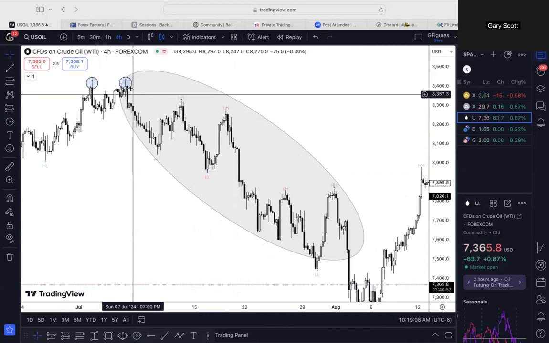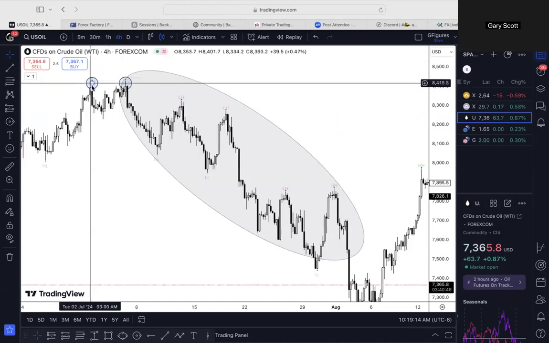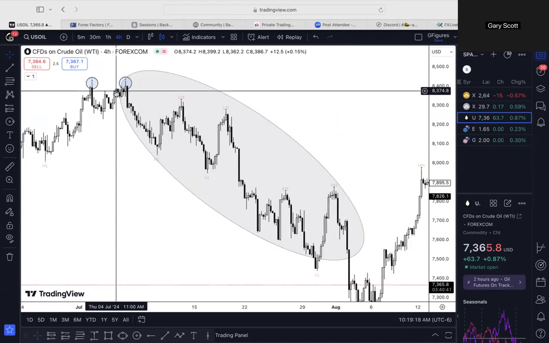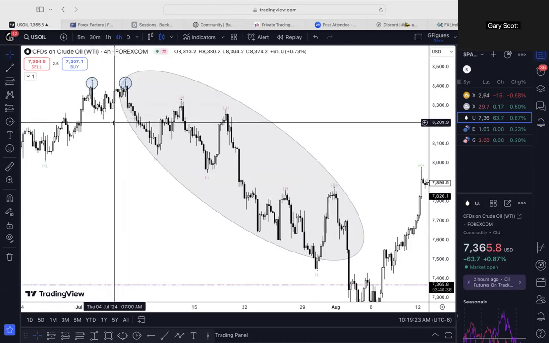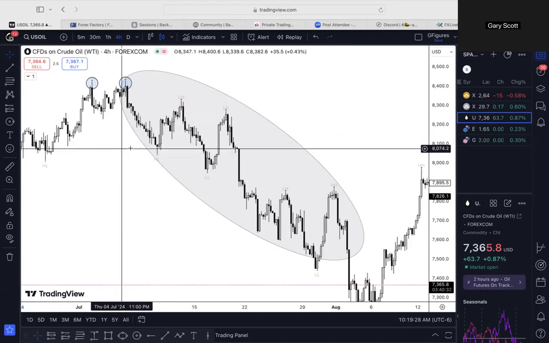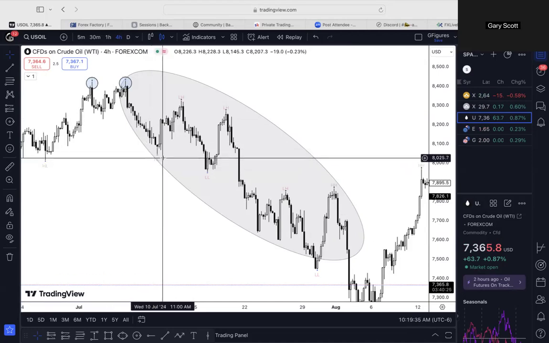The double top. There we go. The double top is created. The neckline of the double top has been broken, but it's still creating a higher low standpoint. So that's not enough security for us to take this trade. We want to see a higher low being taken out. That's how we're able to identify that we can now start following the trend of the trade.